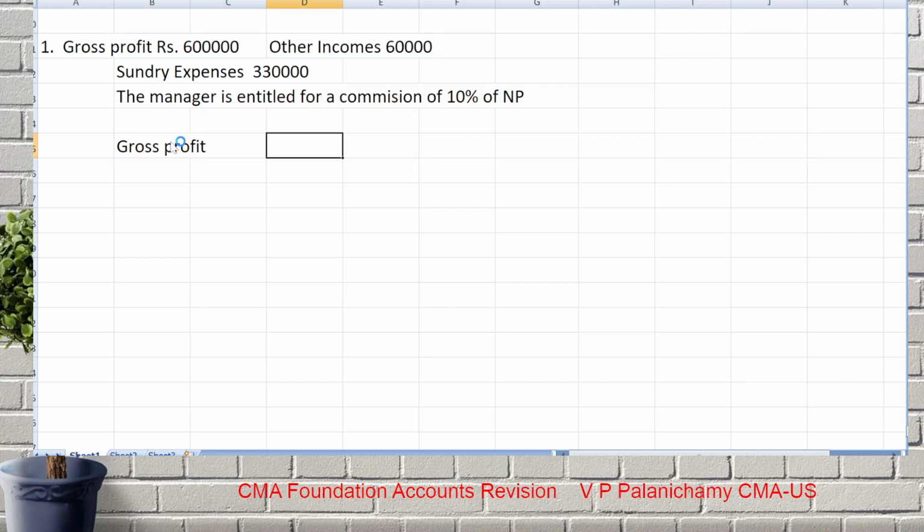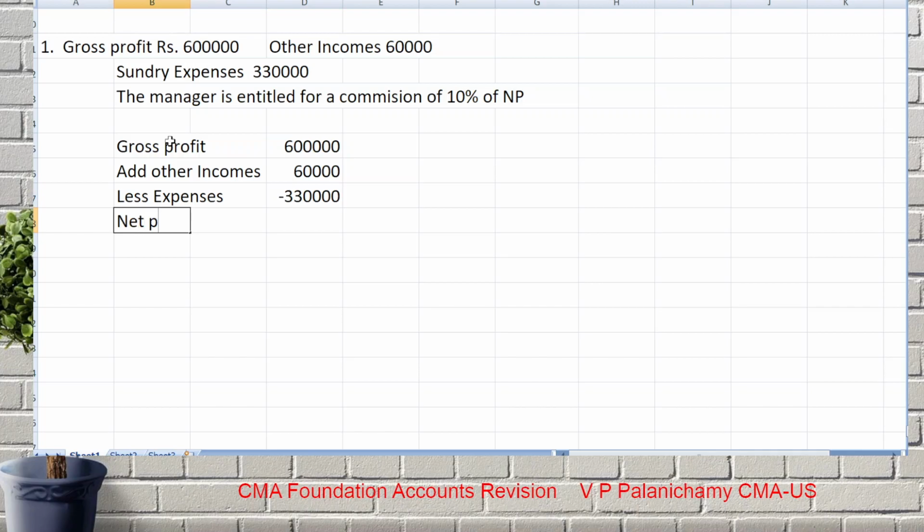Gross profit how much? 6 lakhs. Add other incomes 60,000. Less expenses 3,30,000. Then you will get net profit, net profit before commission. 6,60,000 minus 3,30,000 is 3,30,000. This is net profit before commission.